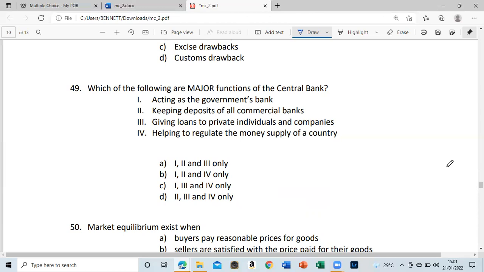Now 49 would exclude 3. Let me see if there's anyone else to exclude. No. Alright, so 49 would be B, 1, 2, and 4 only. Act as a government bank, keep deposits of commercial banks, but it does not give loans to private individuals and companies. So 49 would be B.